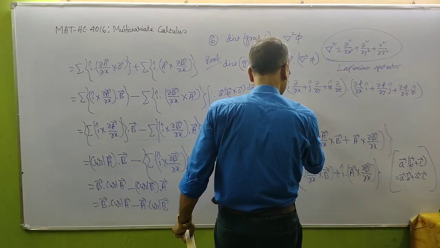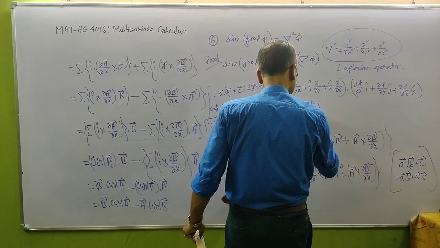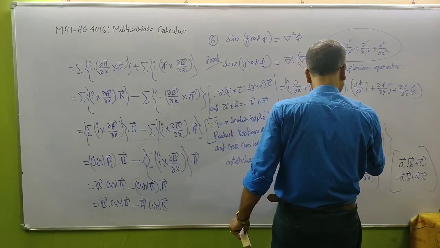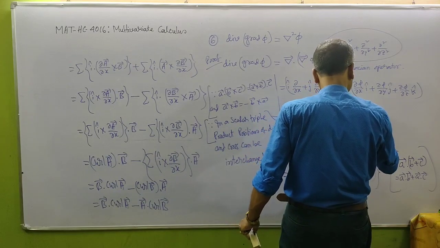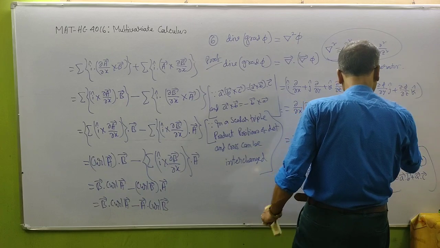This is equal to delta by delta x of delta phi by delta x plus delta by delta y of delta phi by delta y plus delta by delta z of delta phi by delta z.